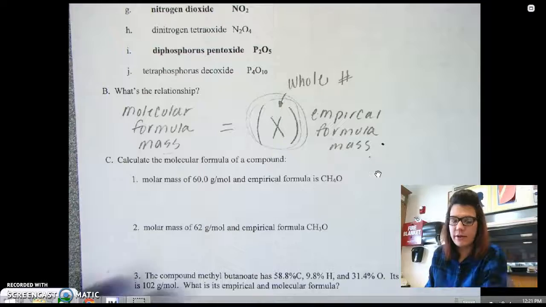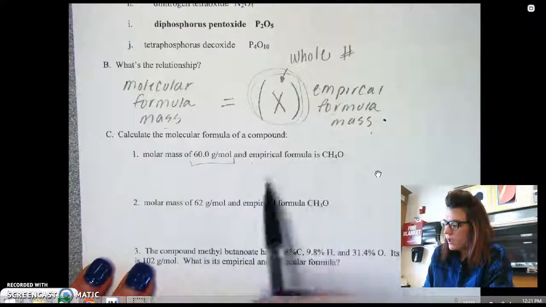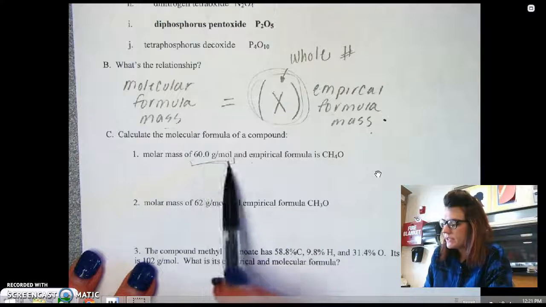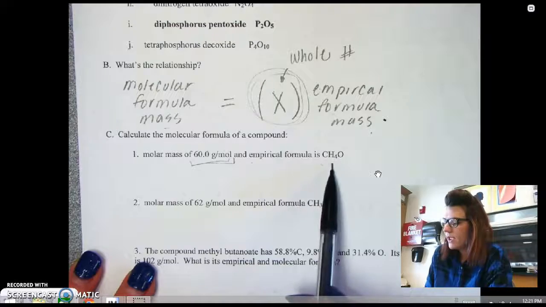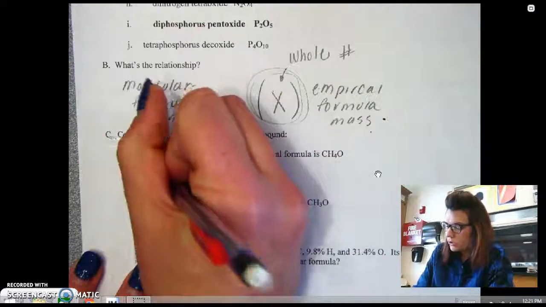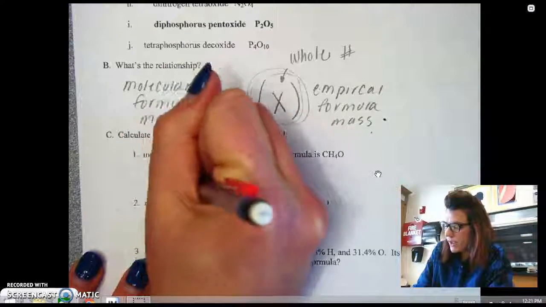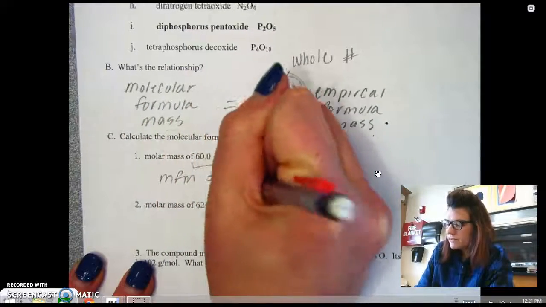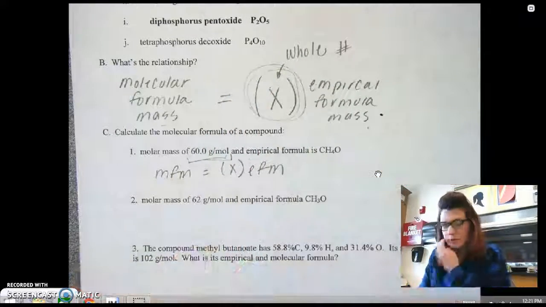Okay, so let's look at an example. This says that I have a molar mass of 60 grams per mole and an empirical formula of CH4O. Okay, so what I'm going to do is I'm going to say molecular formula mass is equal to some X times the empirical formula mass, okay?